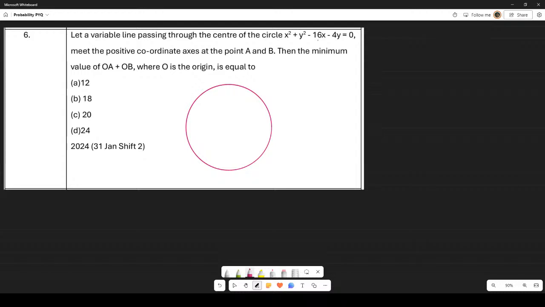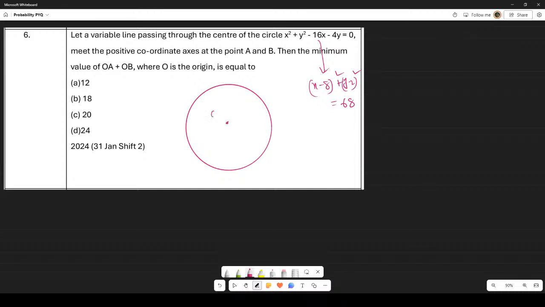Center of this circle is given, isn't it? Radius is root 68.